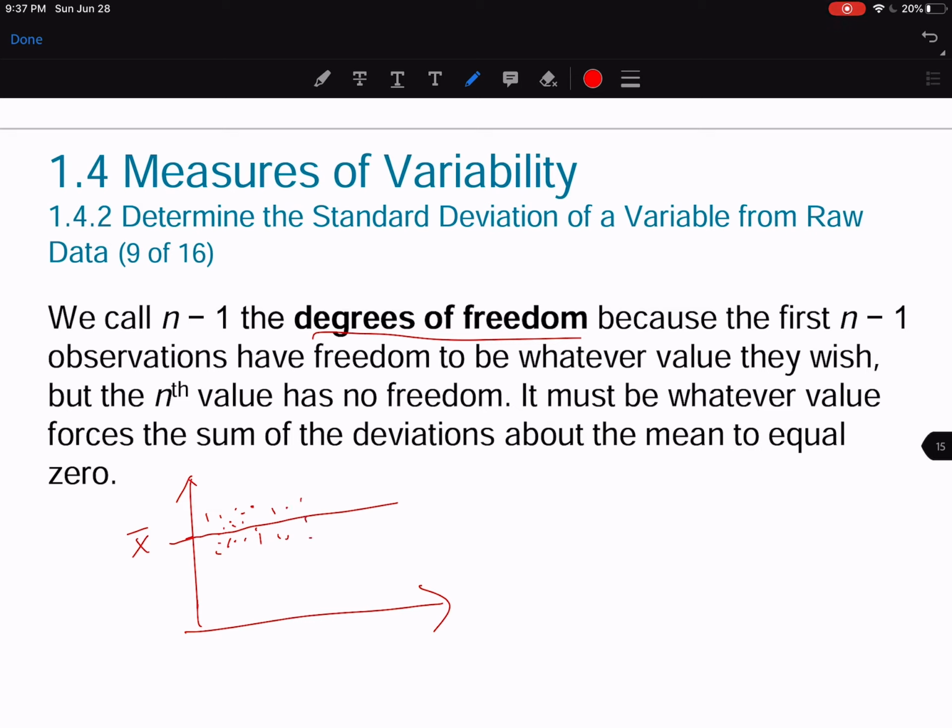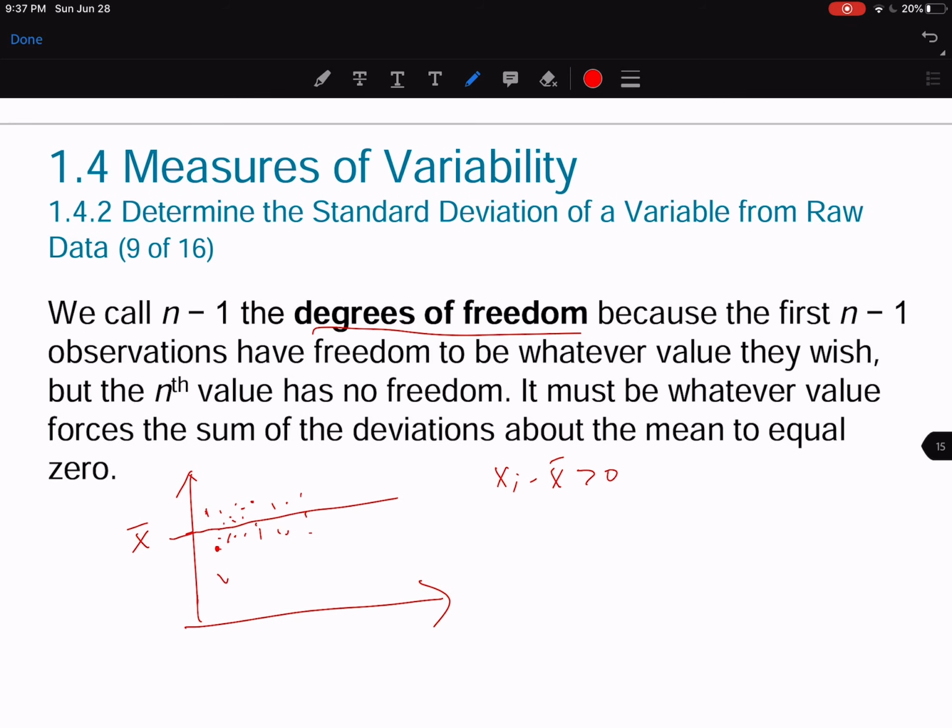If the point is above x bar, then xi minus x bar is positive. If the point is below x bar, let's say xj minus x bar is negative. So the deviations could be positive or negative. But if we add them all up, the positive parts will balance the negative parts. So the sum of the deviations is going to be equal to 0.